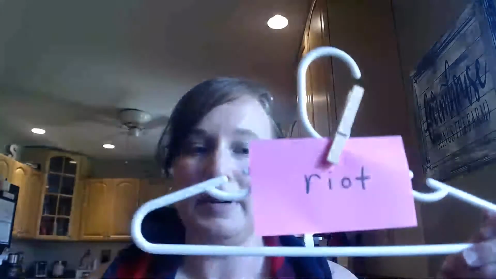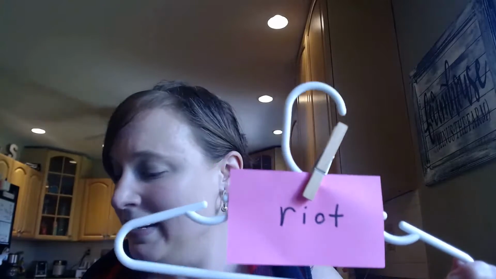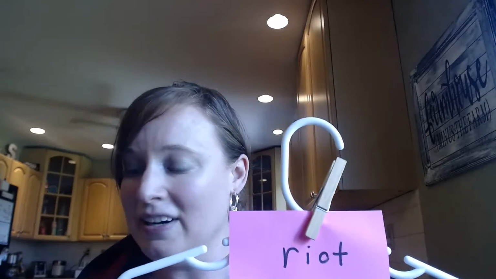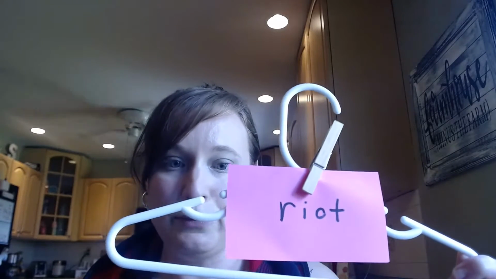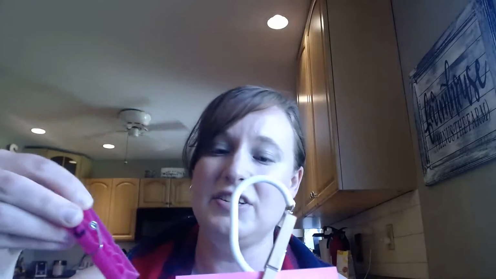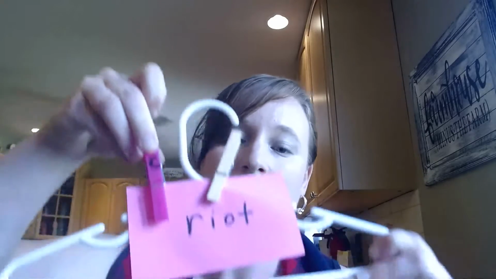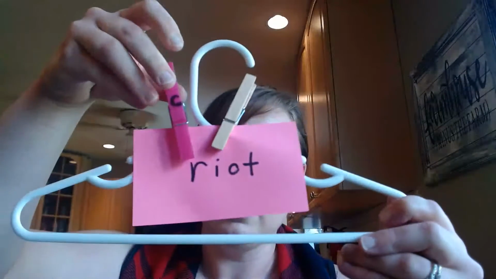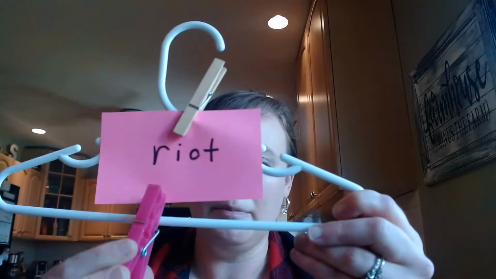So we talked about how you can have the students put a word up like this. So let's try a VV word. Let's try riot. I'm going to just use a plain paper clothespin, put this one up there, riot. And I'm going to have them start out with doing what we did before, identifying vowels and consonants. So we're going to start with a consonant. Sometimes it works better from the bottom too.